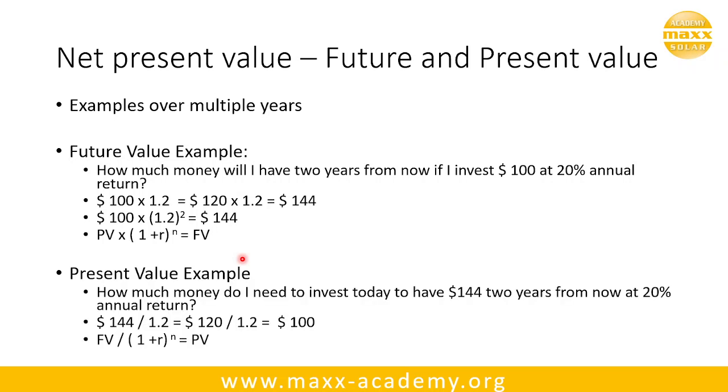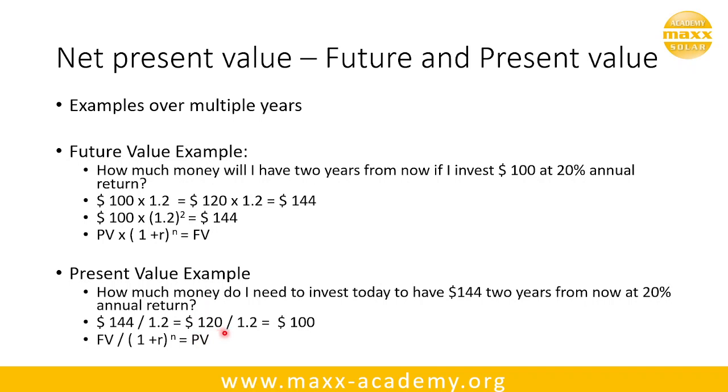We can also do it over multiple years to calculate the present value. We ask, how much money do I need to invest today to have $144 2 years from now at 20% annual return? So we take our initial amount divided by 1.2, and that gives us 120.